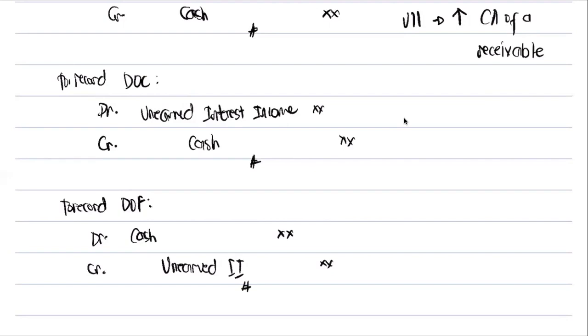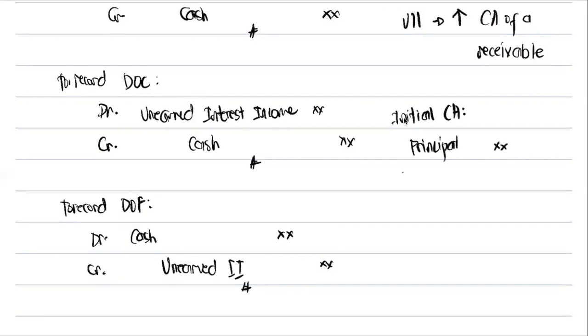Therefore, to compute the initial carrying amount of the loan, we have your principal, which is the value of the contract of loan, plus or minus your unearned interest income. This is the carrying amount. What is unearned interest income again? Is it an asset? Is it a liability?